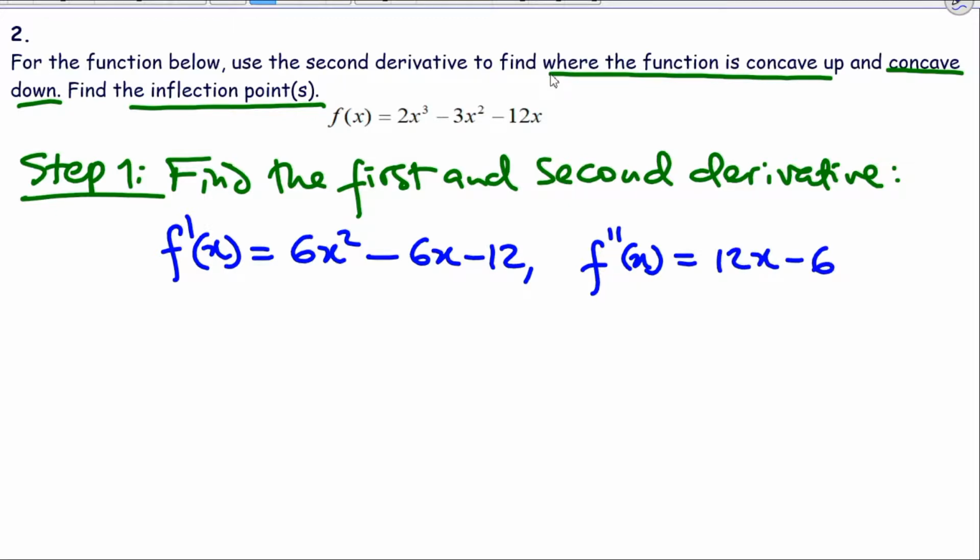And once you have those, we can proceed to the second step, which is setting the second derivative equal to 0 and solving for the potential inflection point.